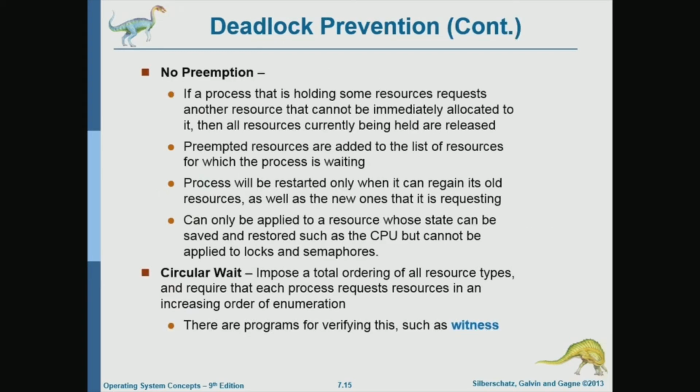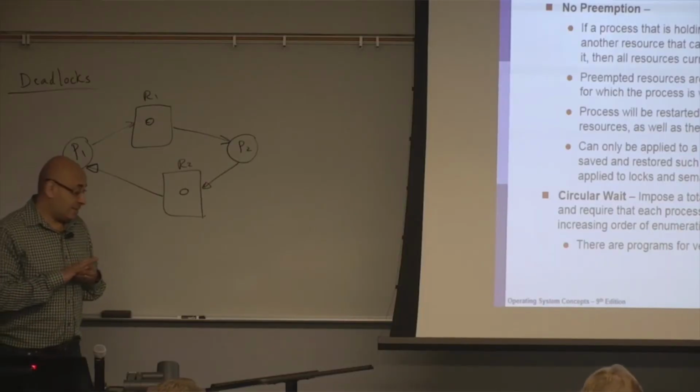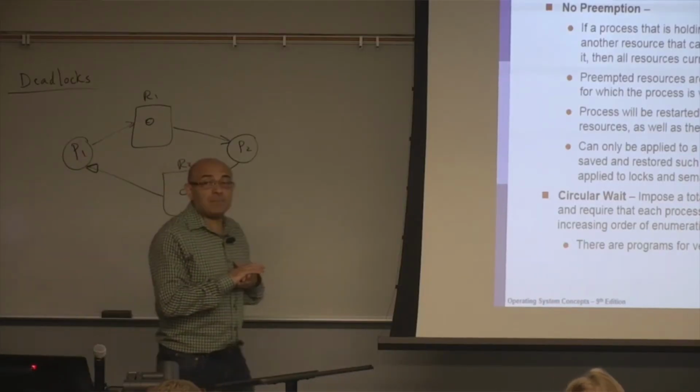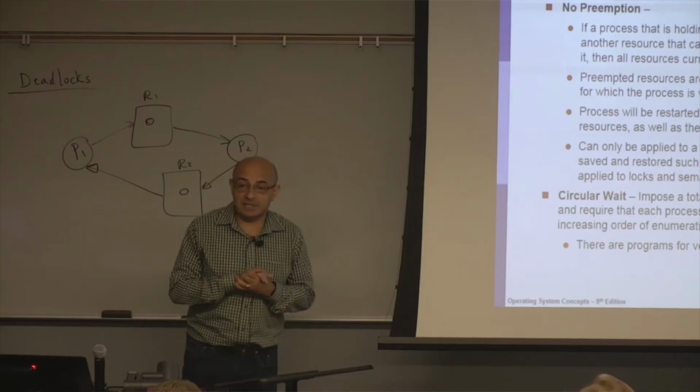No preemption. Now, as we said in the beginning, if we can make all resources preemptive, we will not have deadlocks. But as we explained, the resource that is handled preemptively by operating systems is the CPU.